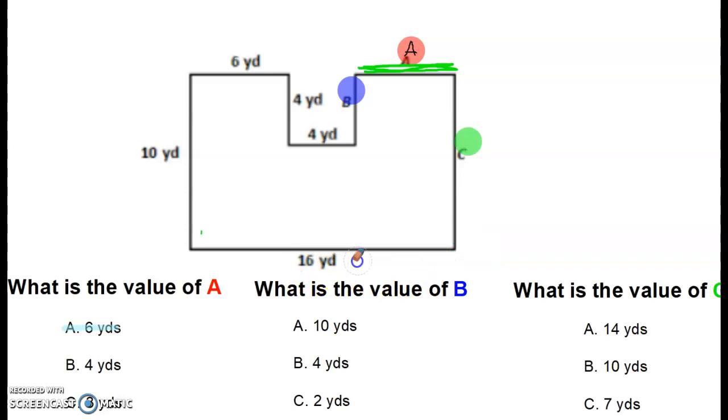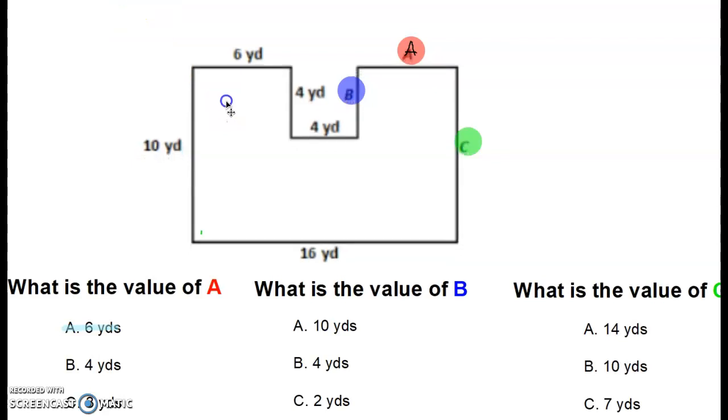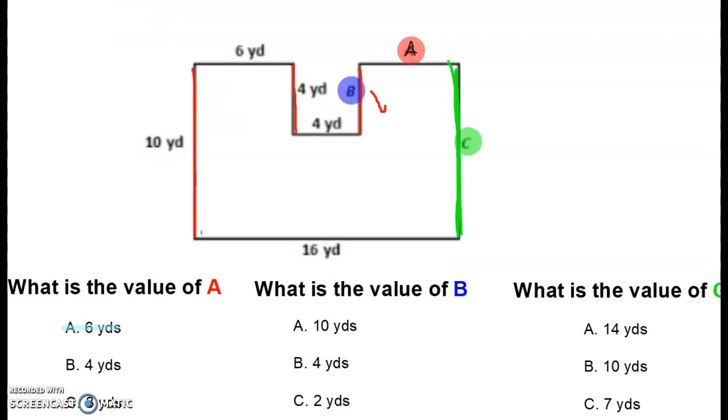All right, taking a look at the missing side B. So if I'm going to look at B, this middle one, what is the value of B? I'm going to use that same strategy. I'm going to go ahead and highlight B green. So it's a vertical side.